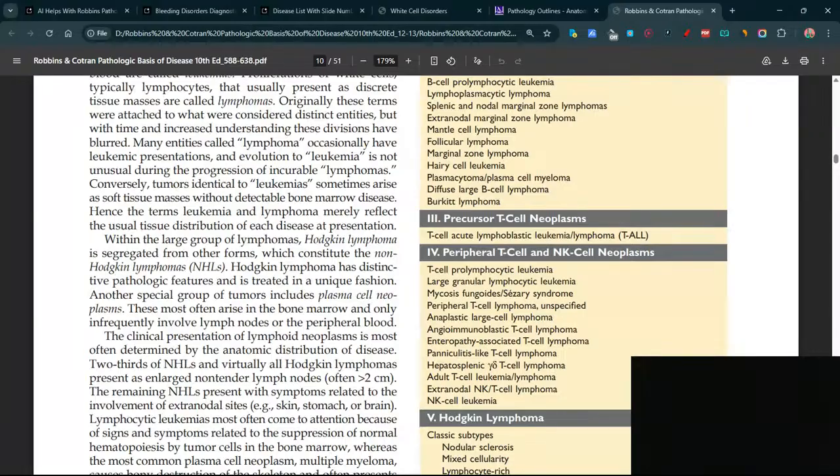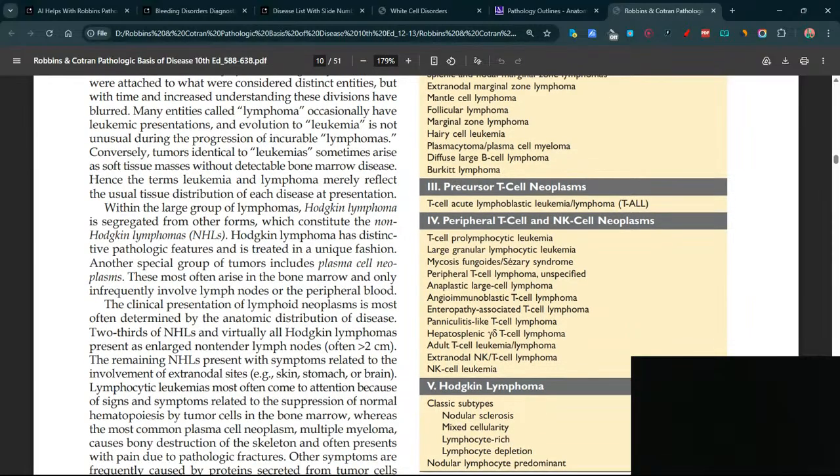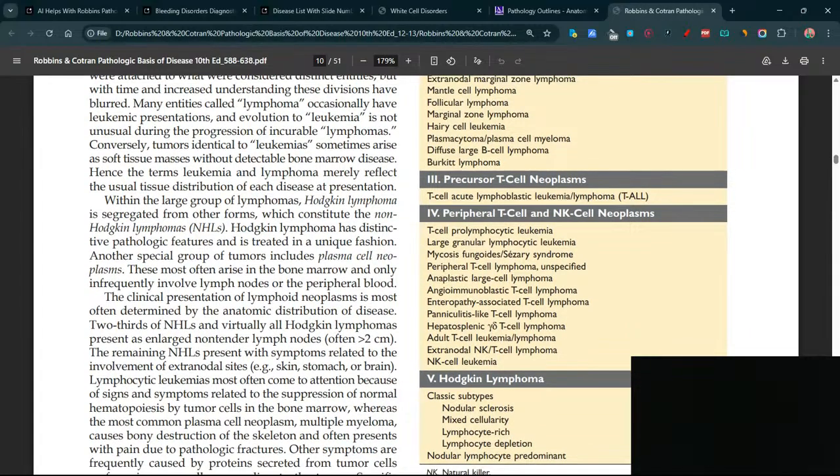Hodgkin lymphoma has distinctive pathologic features and is treated in a unique fashion. Another special group of tumors includes plasma cell neoplasms, which arise from B cells. These most often arise in the bone marrow and only infrequently involve lymph nodes and peripheral blood.